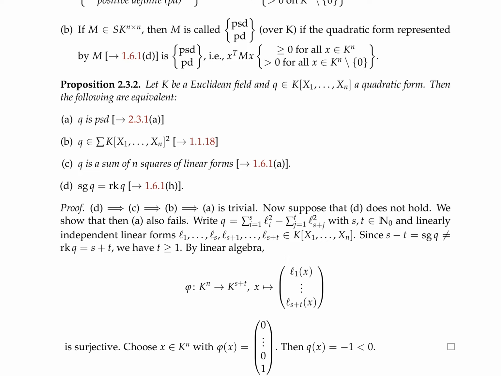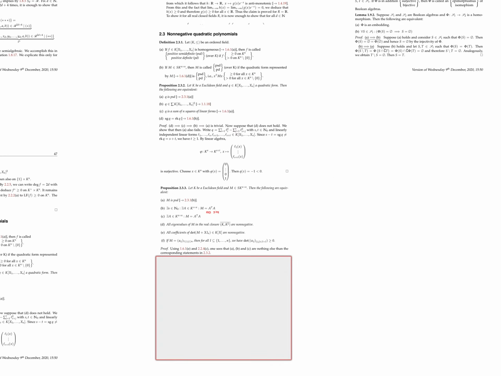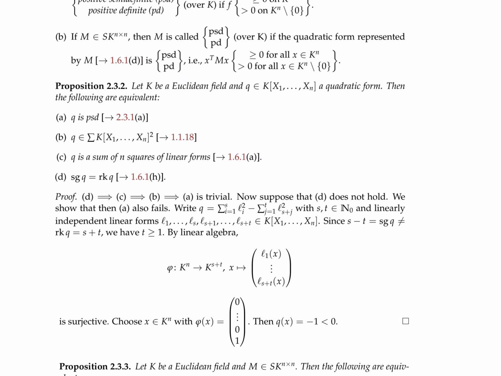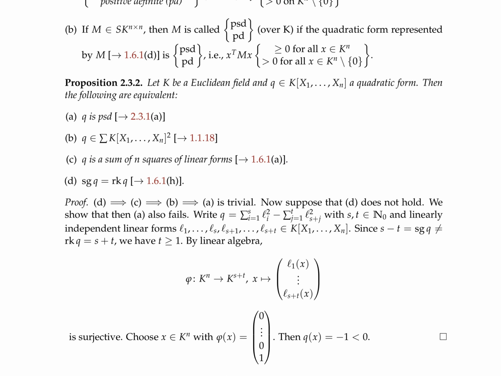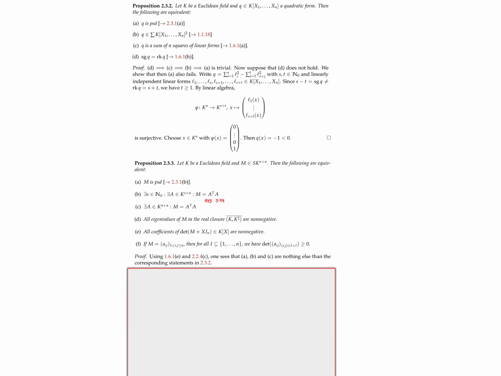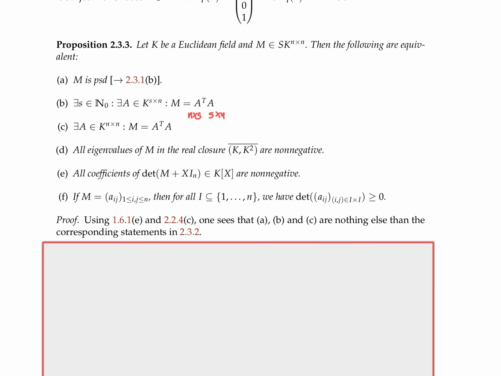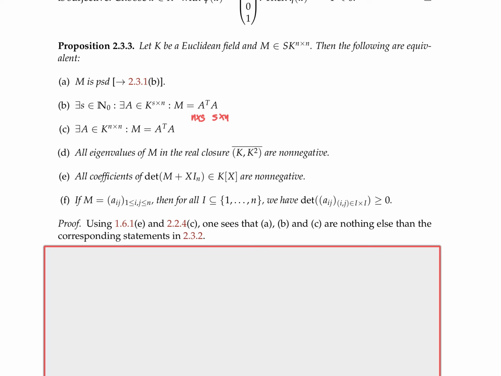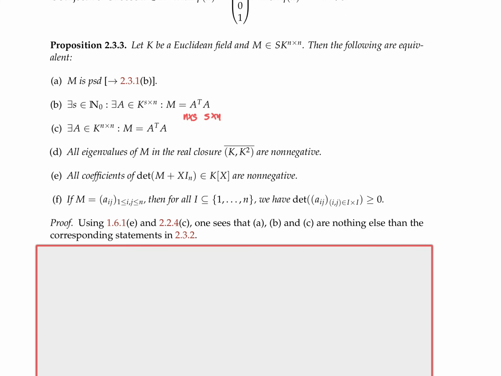And now, writing a quadratic form as a sum of squares of linear forms, we had actually a way of translating this into a statement about matrices, and that was probably 1.6.1e. So let's look at 1.6.1e again.